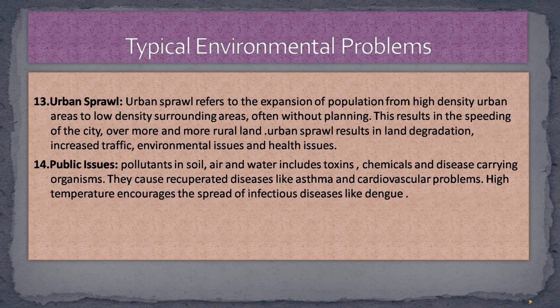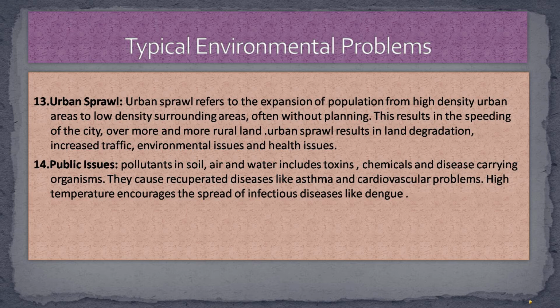This means the city occupies land of rural areas for its growing population. Urban sprawl causes land degradation, increased traffic, and some environmental issues and health issues also occur due to urban sprawl.